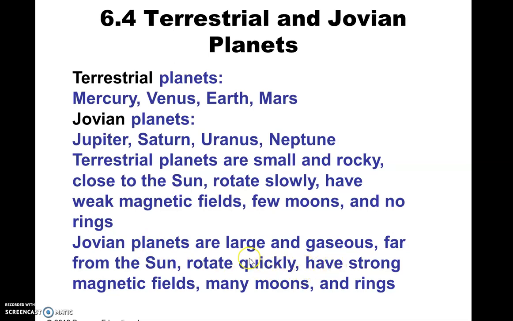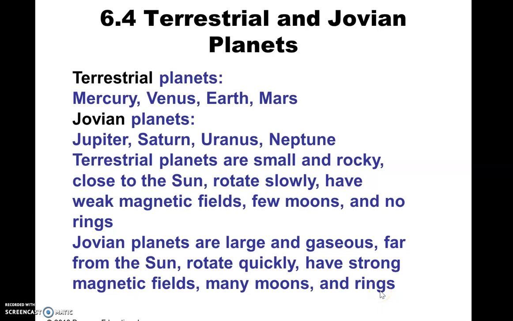All right. They rotate quickly. The Jovian planets take just a few hours to rotate about their axes, and they have very strong magnetic fields and many moons. I think Jupiter has over 60 moons, and all four of them, believe it or not, not just Saturn, have rings.